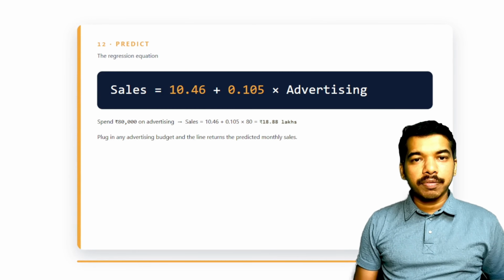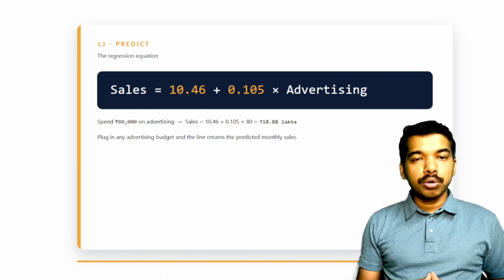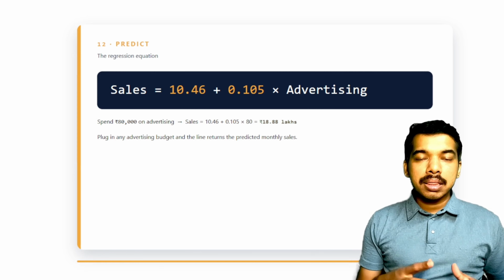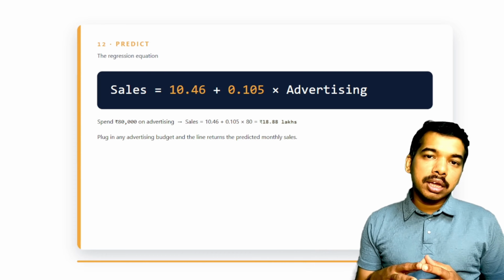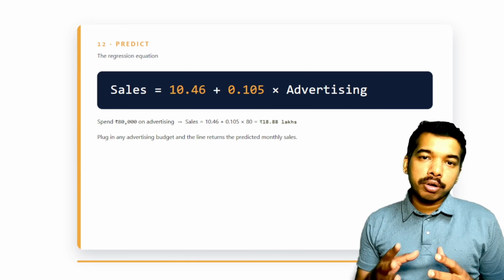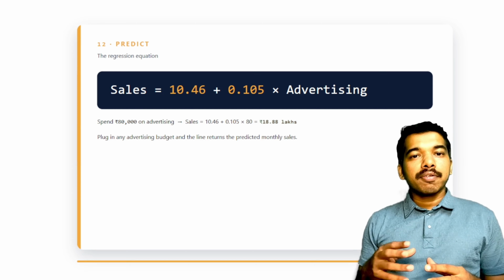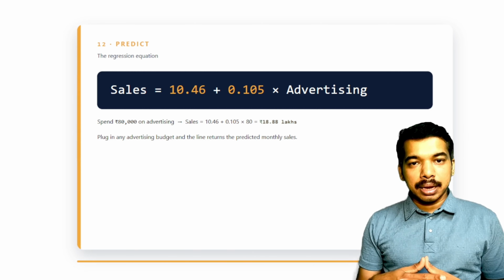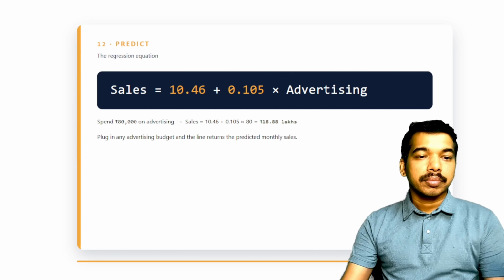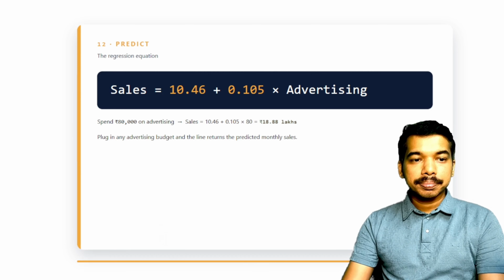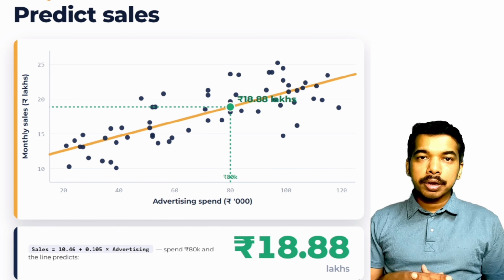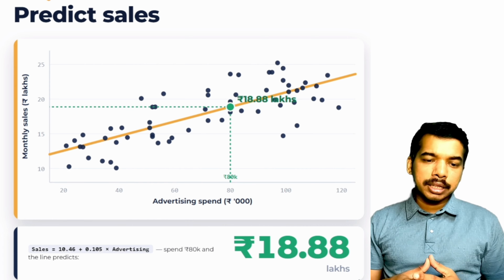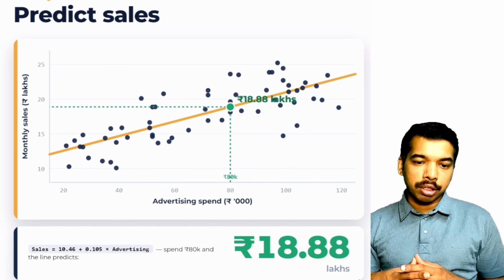The regression equation is sales equals 10.46 plus 0.105 times ad spend. So based on this equation, if you know how much you are going to spend on advertisement, you can estimate the monthly sales of the company. Let's assume you are going to spend around 80,000 on advertisement.